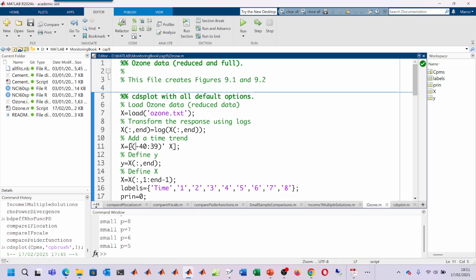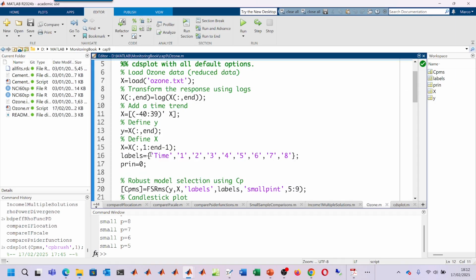So we use a linear trend for temperature, and we add it to our X matrix, so that as explanatory variables we have time plus 8 explanatory variables. In total we have 10 variables including the constant.